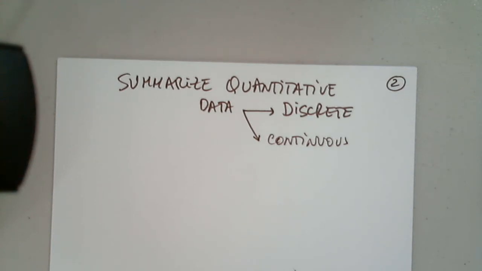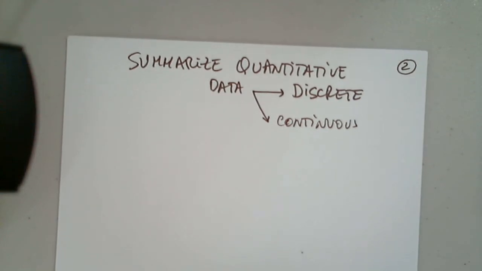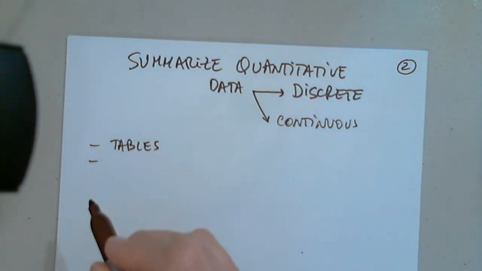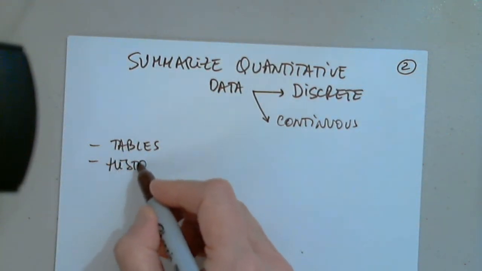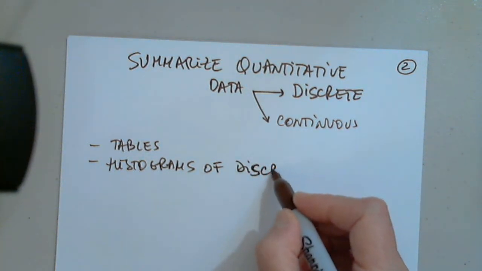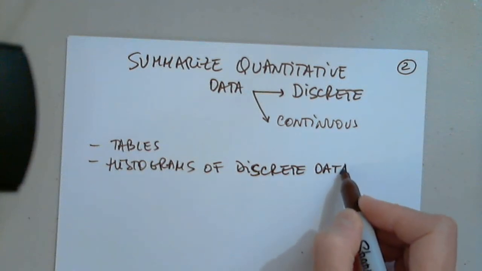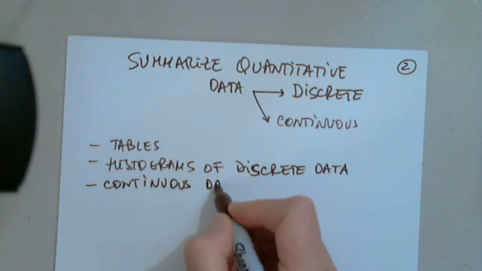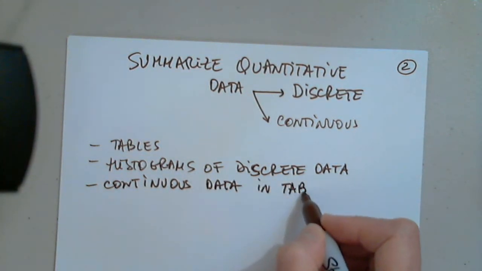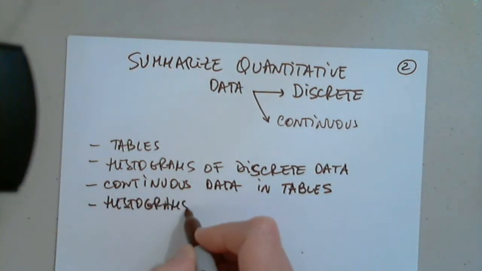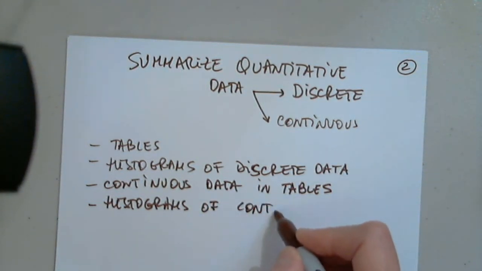So now let's continue with quantitative data. So what are we going to look at? Discrete and continuous. But here's a list of things that we need to look at. Number 1, tables. Number 2, histograms of discrete data. Continuous data in tables. Then histograms of continuous data.